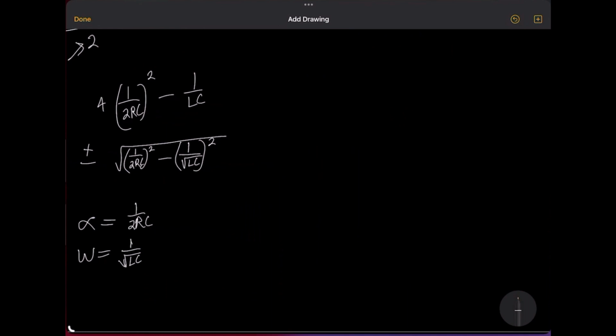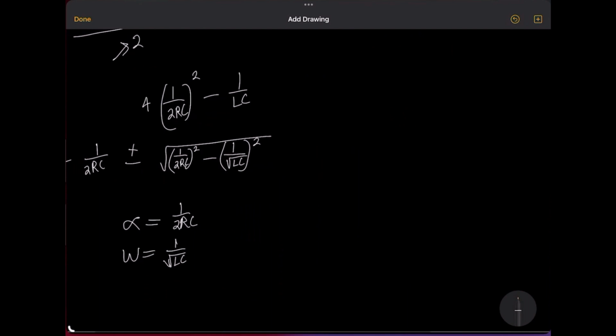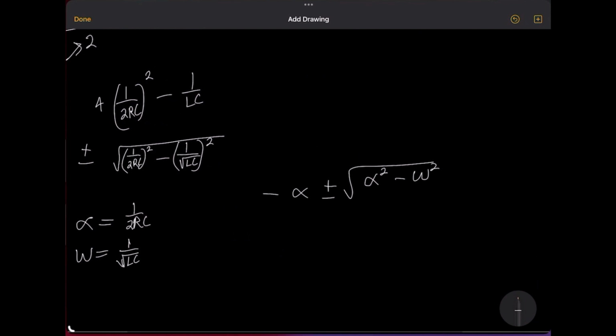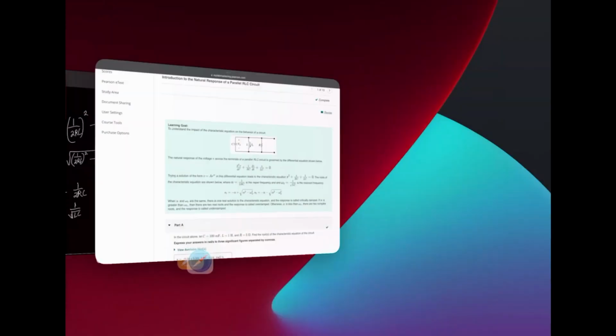I think it's omega is what it's called. So we know negative alpha plus or minus the square root of alpha squared minus omega squared. And we get 3 cases from this, as we know. I'm not going to go over those cases at this moment, but we're going to go through this problem.